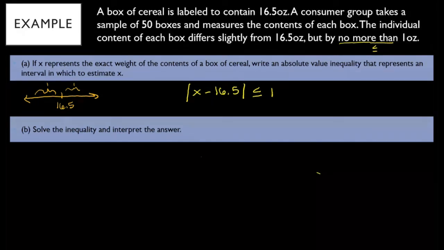So when we create this, we take the inside of the absolute value, x minus 16.5, and first it's going to be less than or equal to 1. But then to get to the other side, when you flip the sign, basically the inequality is changing directions. And so the other side, we have a negative 1 less than or equal to x minus 16.5, which is equivalent to x minus 16.5 being greater than or equal to negative 1.